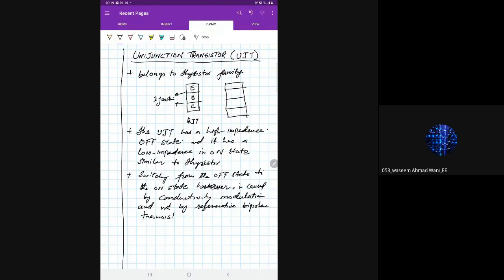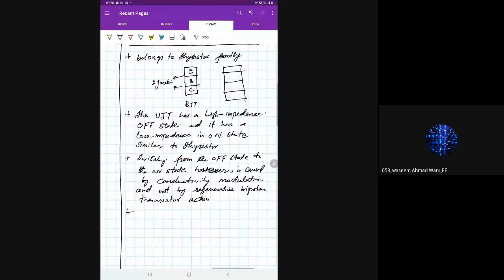So whatever we have seen in the bipolar BJTs, the same kind of operation is not true here. And the way BJT used to be turned off or on, the same thing is not happening here. We have a different kind of mechanism here that helps us understand how the device turns on and off. Okay, I'll just write a few points, and then I'll draw a diagram. These points will be more clear.